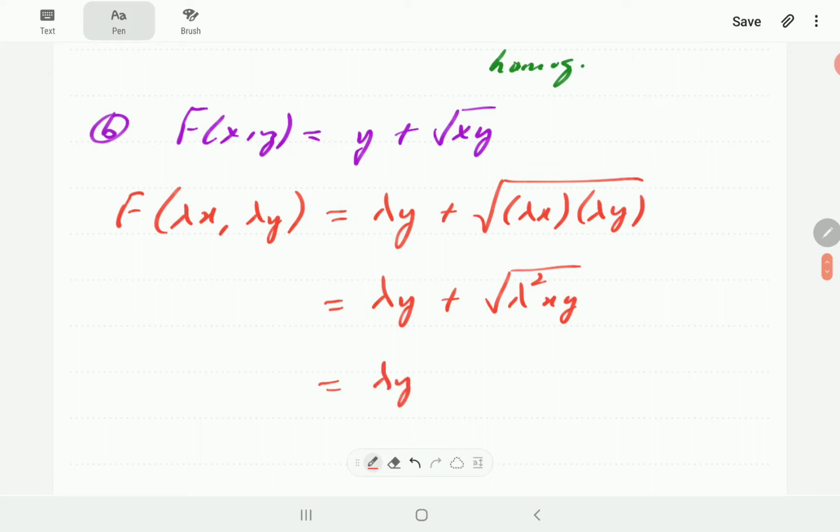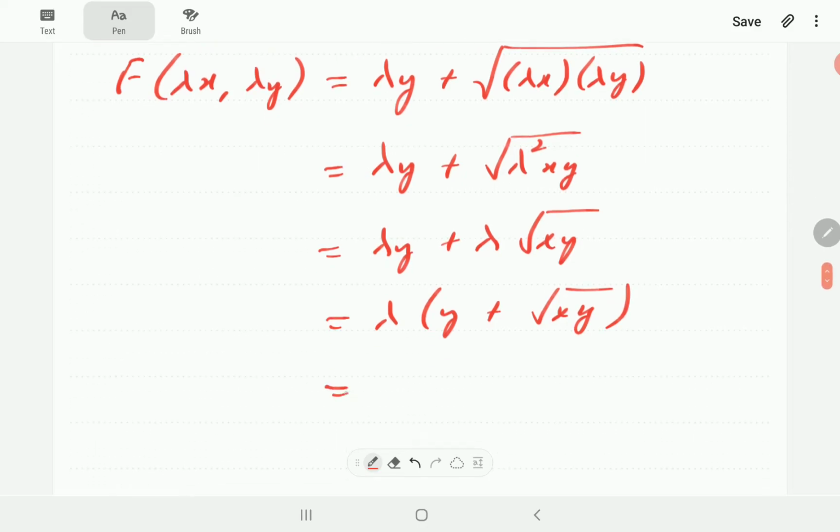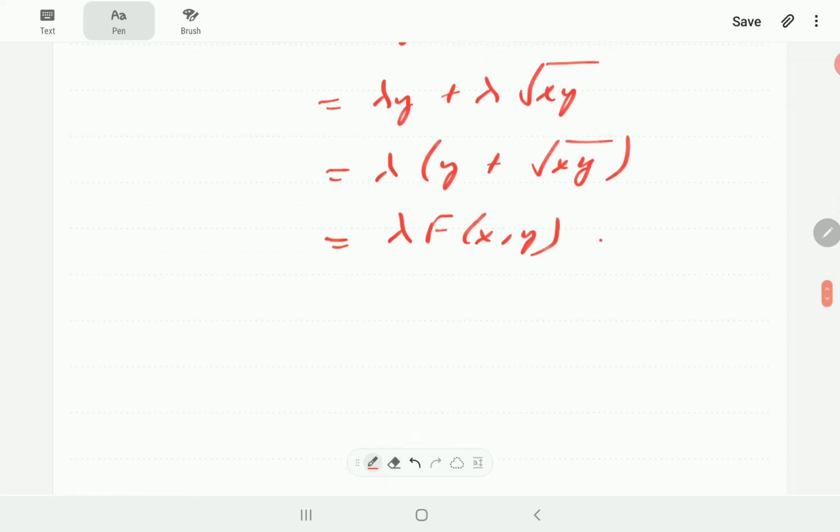So this is going to be lambda y plus lambda times the square root of xy. So this is lambda times y plus square root xy. I can see that the term inside the brackets is now what we started off with as f.